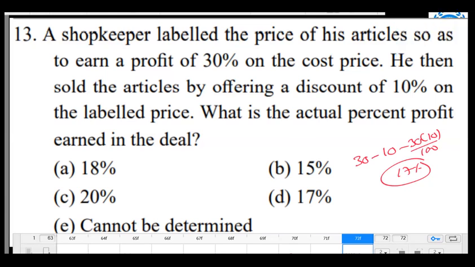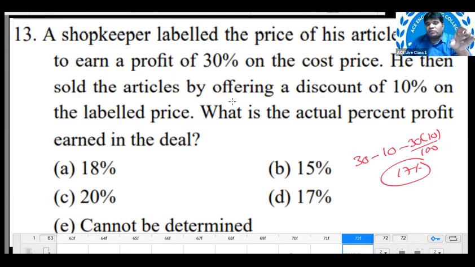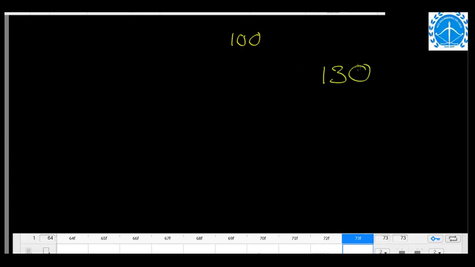Sir, here B is the label price we have to consider, not the S label price and everything. He is asking 30% is first profit. After that, he gives the 10% discount. Okay, if you want the original method, suppose you can assume first 100. 30% is profit means 130.